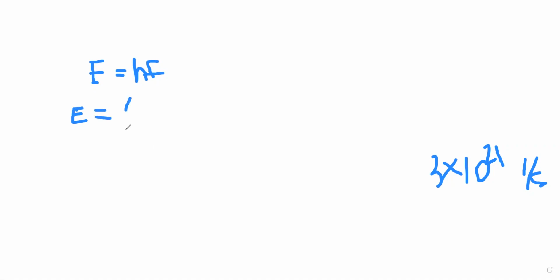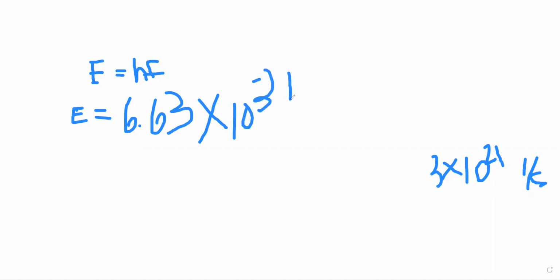So we have the Planck's constant of 6.63 times 10 to the power of negative 34 joule.